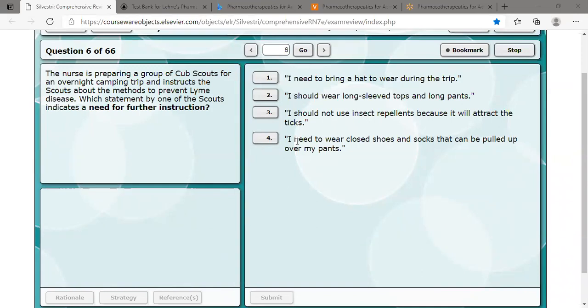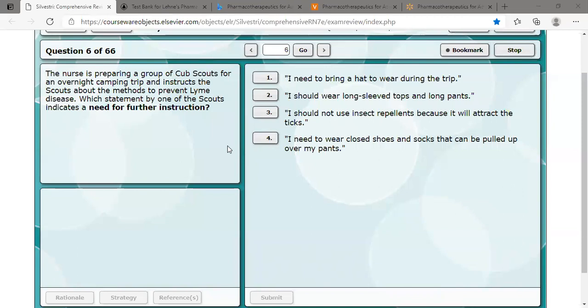So keep in mind, Lyme disease is more common in some parts of America, right? We must know, especially, it is a tick-borne illness, caused by the bacterium Borrelia burgdorferi, the ticks' name.